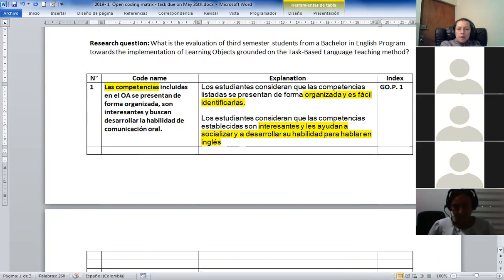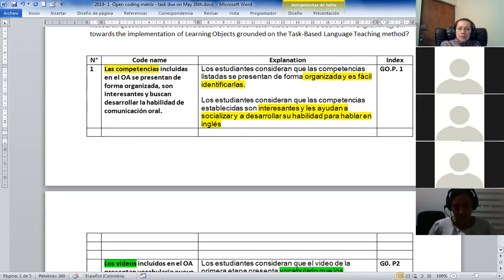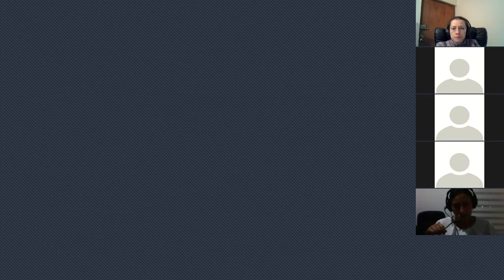Now what we have to do is to find out in the other codes, in the other interviews, if there are similarities regarding the evaluation of competencies. If the other students think that those lists of competencies are organized, easy to identify, interesting, etc. So we have to go to the list of codes found.